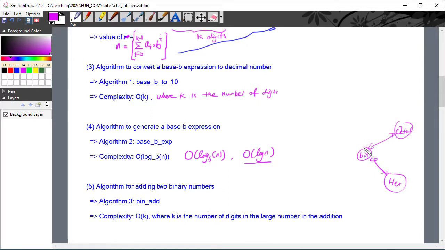Using this binary as the core, if you want to convert octal to hexadecimal, you can convert octal to binary first and then to hexadecimal. And in the opposite direction, you can do the same thing, right? Convert hexadecimal to binary, just replace every digit in hexadecimal by a 4-bit pattern. So you are going to get a binary number, and then using 3 bits in a block, convert each block to a digit in octal system.